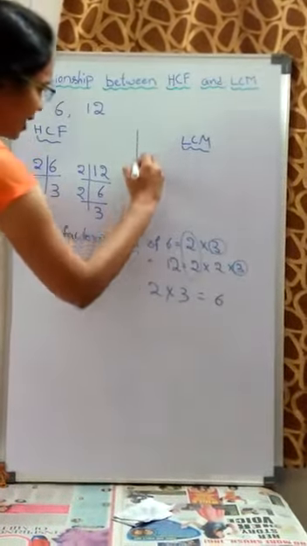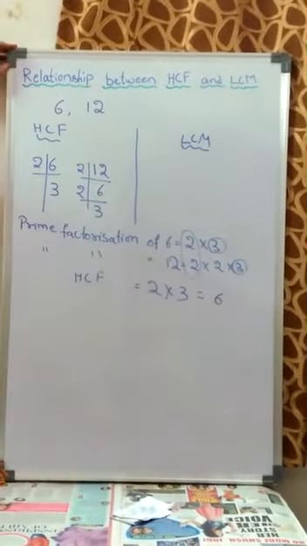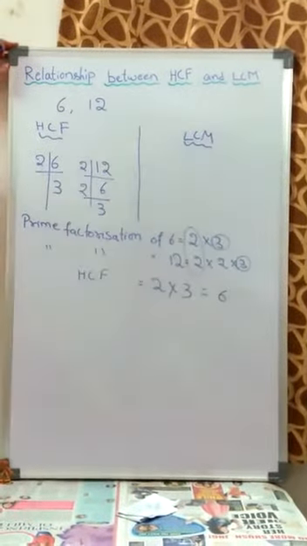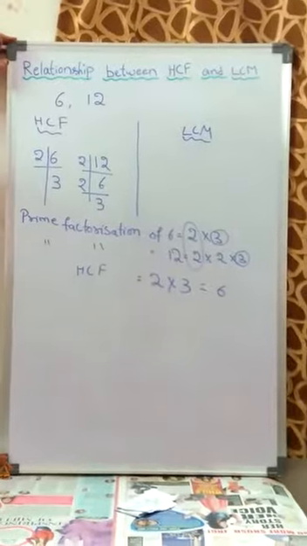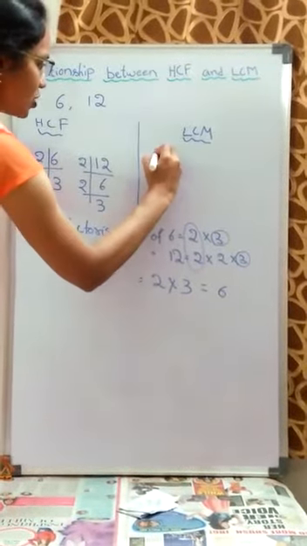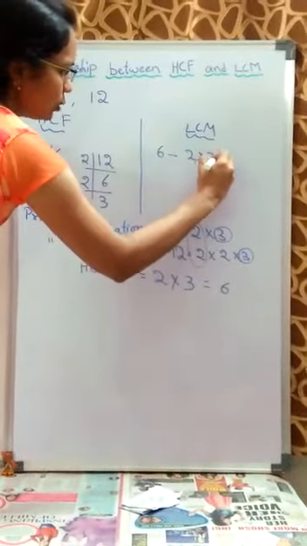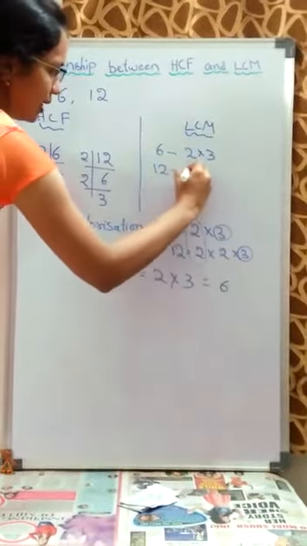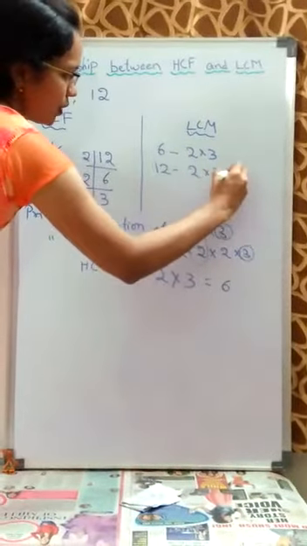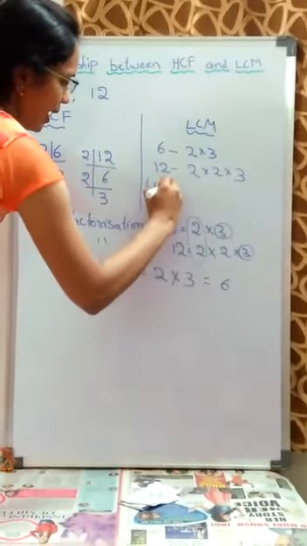Now we'll find the LCM. Even in order to find the LCM, the same prime factorization can be used. So I'm going to mention the prime factorization for 6, which is nothing but 2 into 3, and for 12, it is 2 into 2 into 3. Now the LCM.